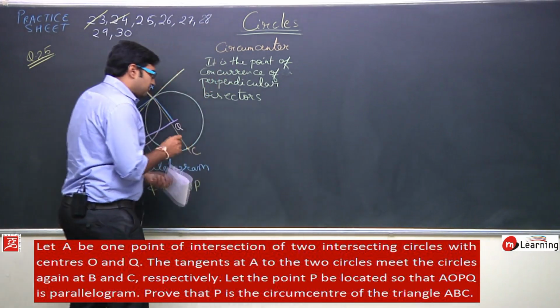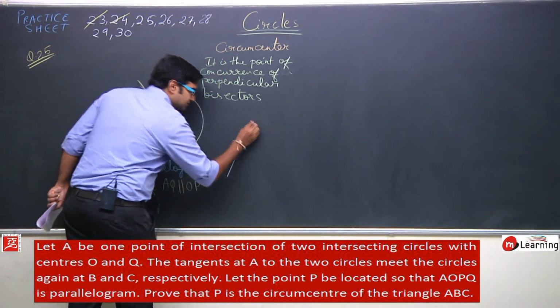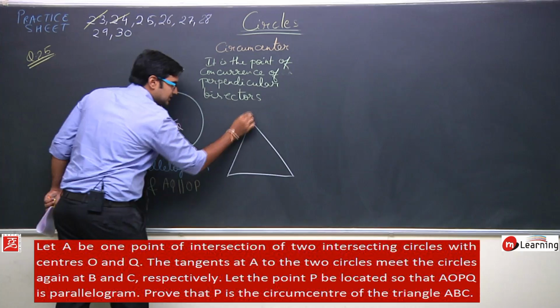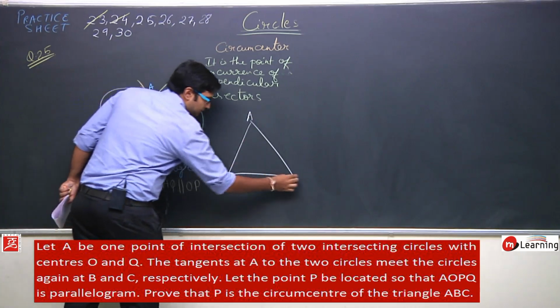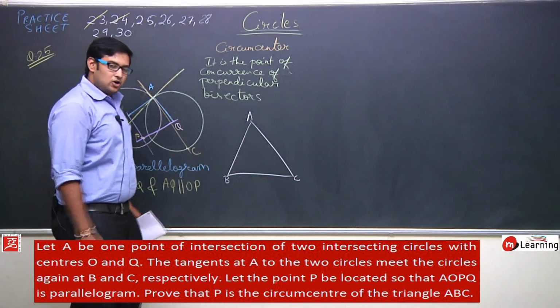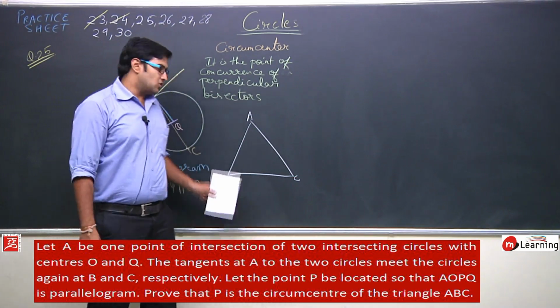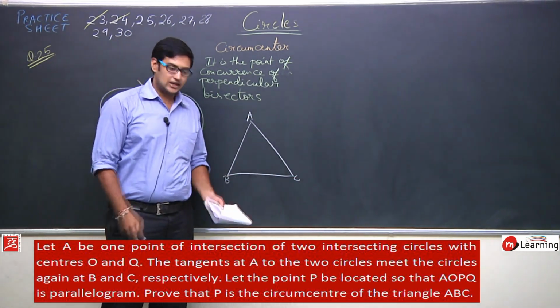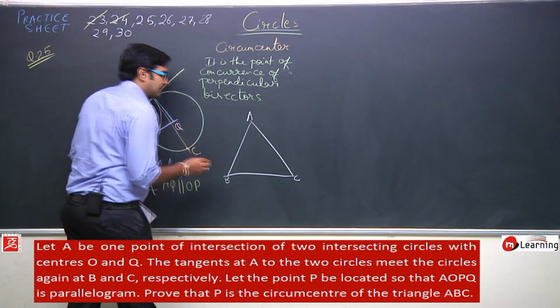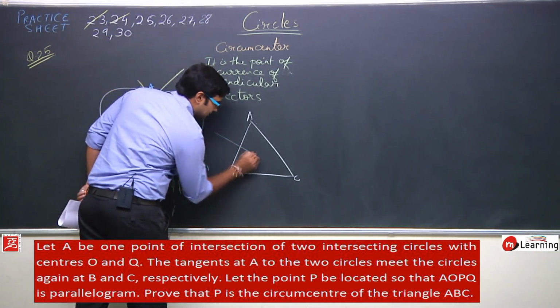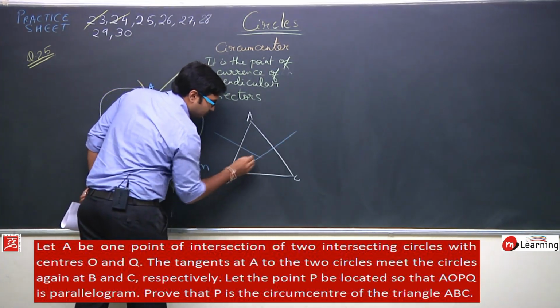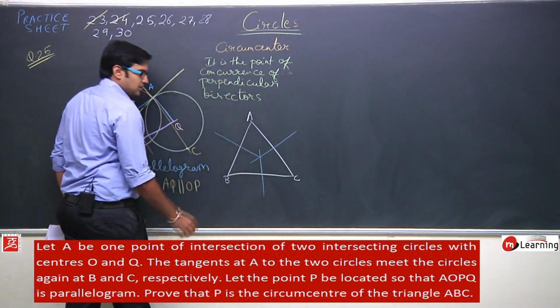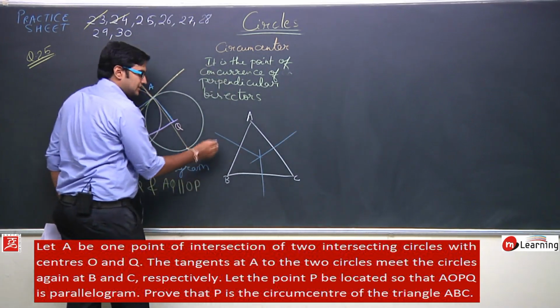Now, if I have a triangle like this, ABC, and if I draw perpendicular bisectors on the 3 sides of this triangle, the 3 perpendicular bisectors will look something like this. These are the 3 perpendicular bisectors.